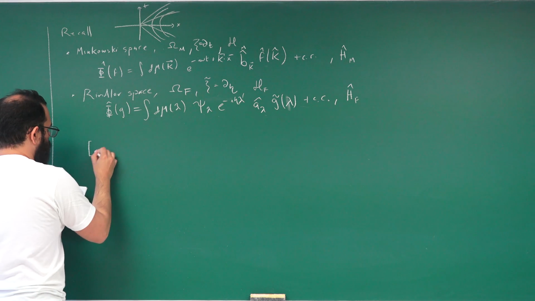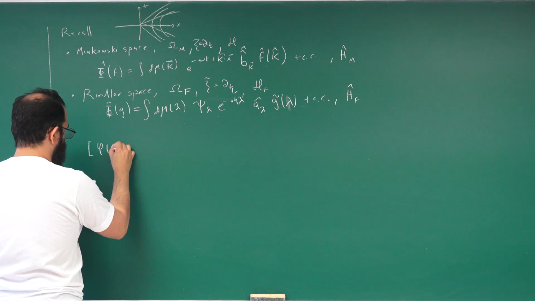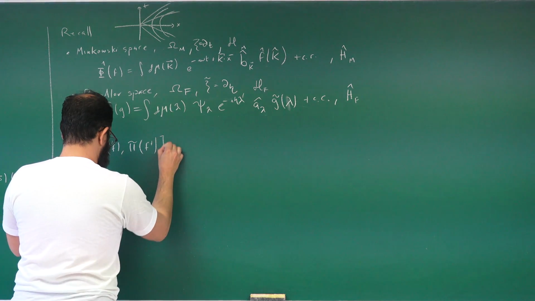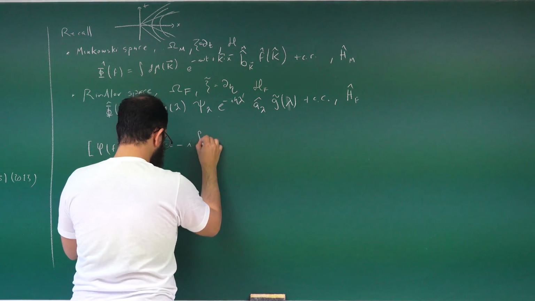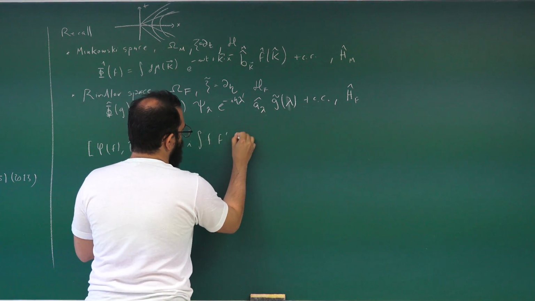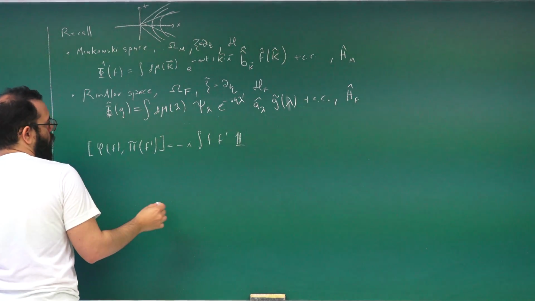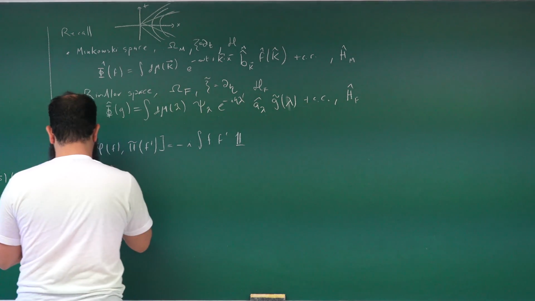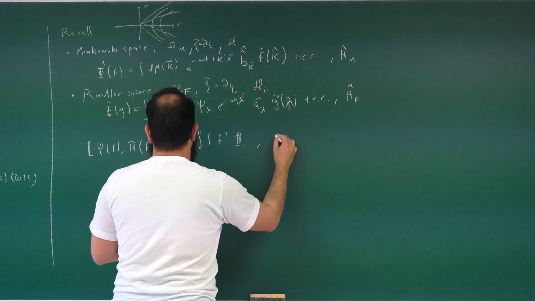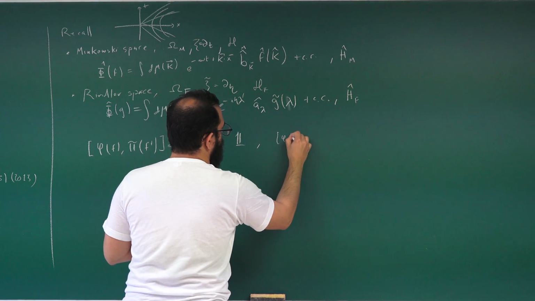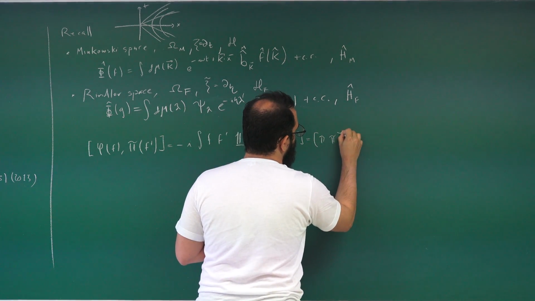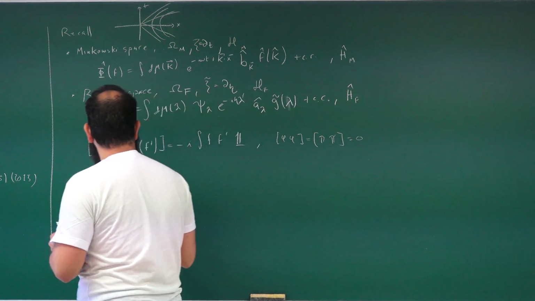However, we've also seen that the canonical commutation relations, okay, for phi and for p.